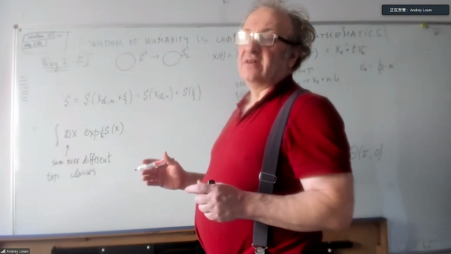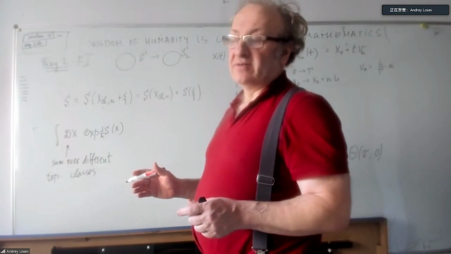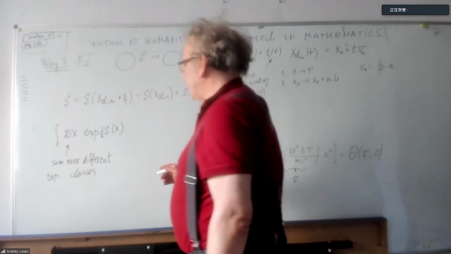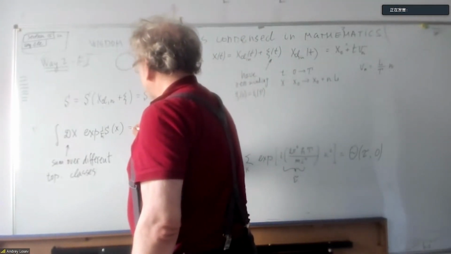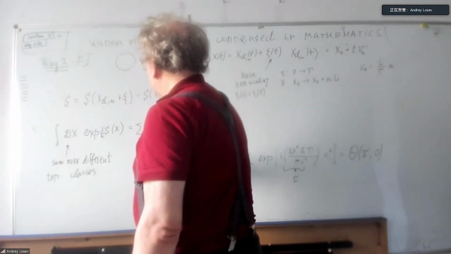It consists of different subspaces that are not connected, different windings. So it is a sum over n.